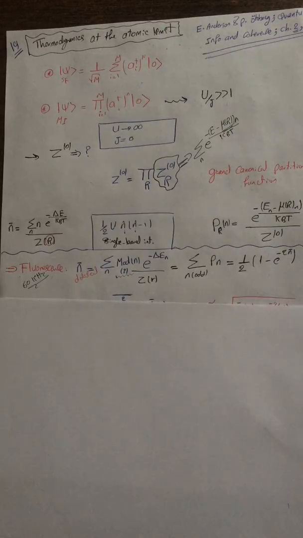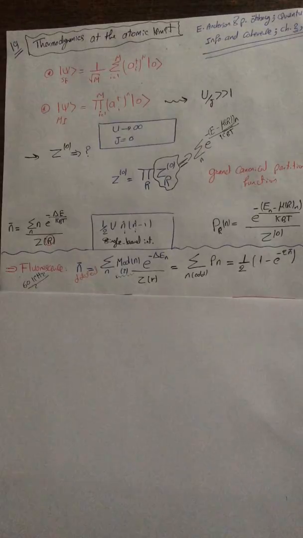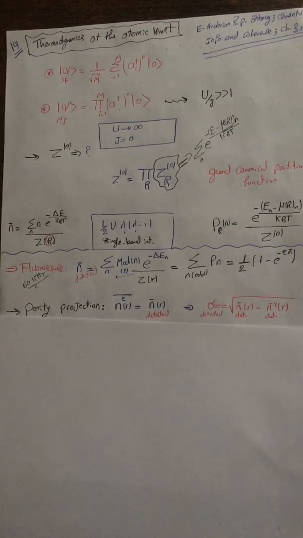Let me tell you something about the fluorescence. It happens at about a 60 kilohertz fluorescence rate per atom. One thing also is that the atoms are held on a millisecond scale, maybe hundreds of milliseconds, say 800 milliseconds or something, and then you can calculate the parity projection.